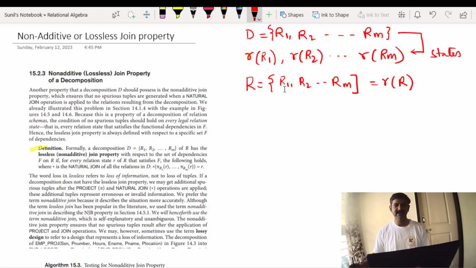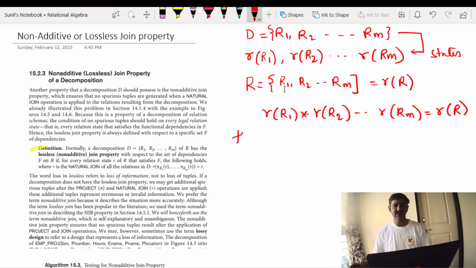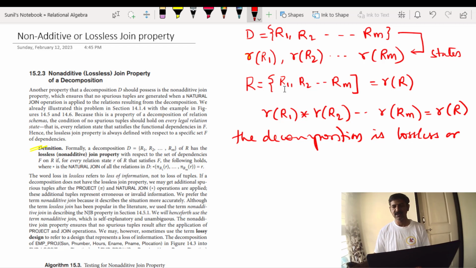So if we take the natural join of all these subrelations, we must get the original relation state. If this condition is satisfied, then we say that the decomposition is lossless or non-additive.